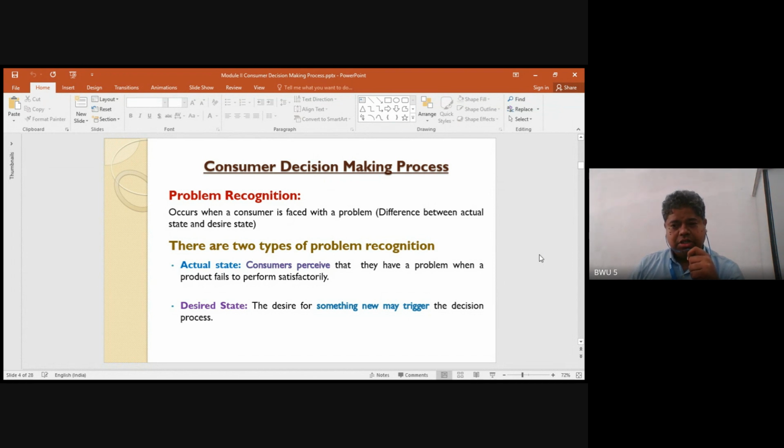So he or she is likely to purchase a new dress for that interview. Now see, the student wants to purchase a product, a particular dress, once he or she is able to identify the need or the problem.